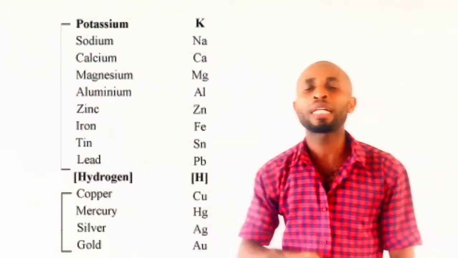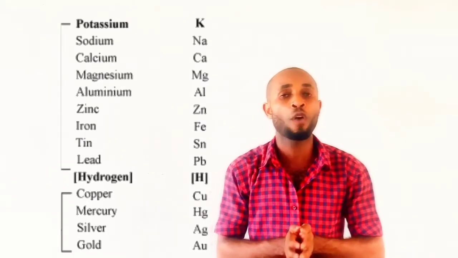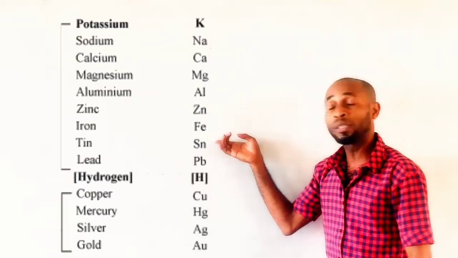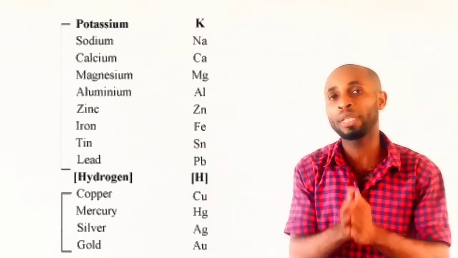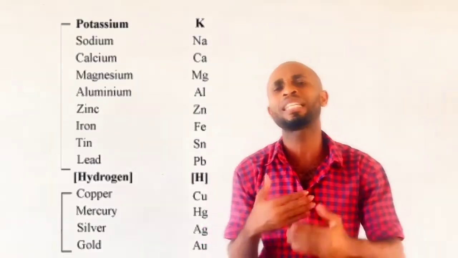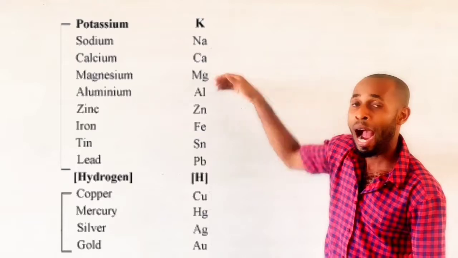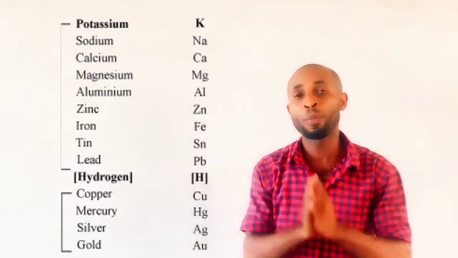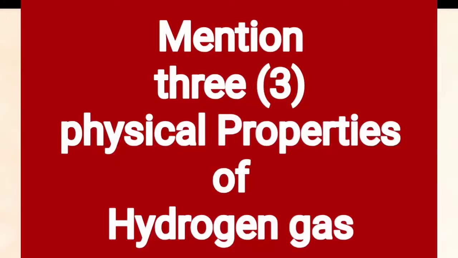We can actually use those to react with the acid and have a liberation of hydrogen. Yes, Sn and Pb, which are tin and lead, can actually react, but the reaction will not be as easy as when we react with the K, Na, and Ca. I hope you know what I mean: potassium, sodium, and calcium.